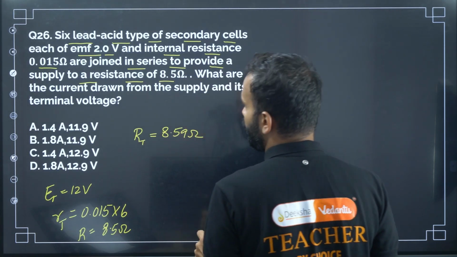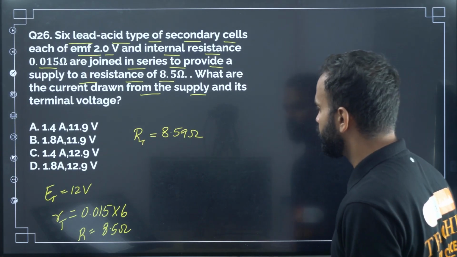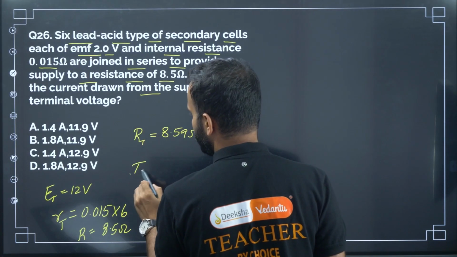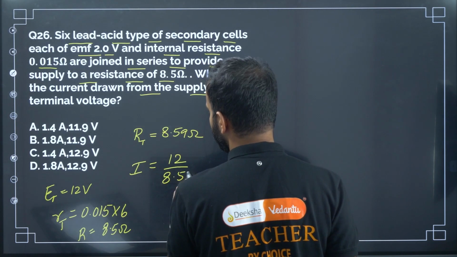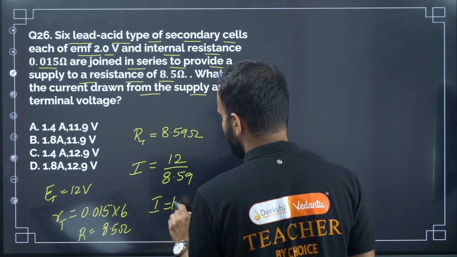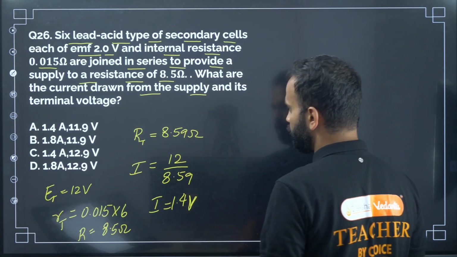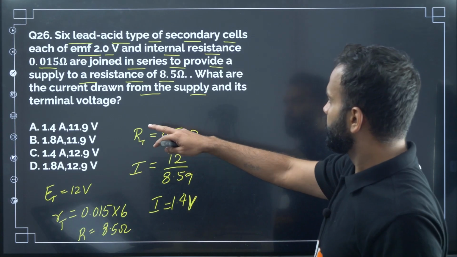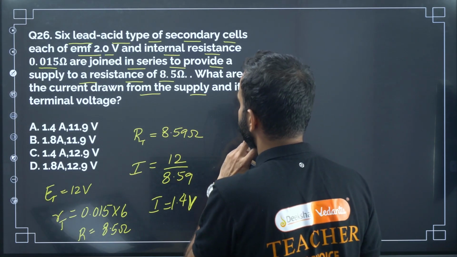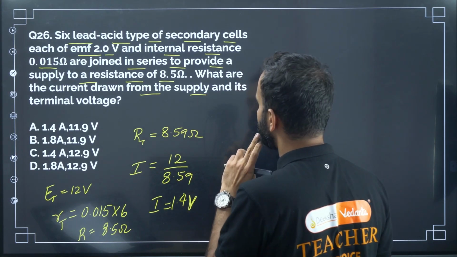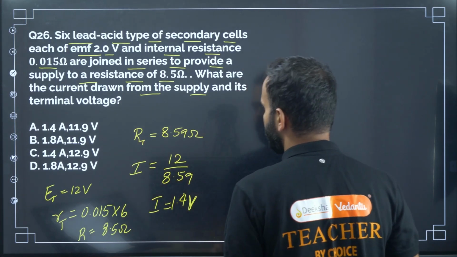What are the current drawn from the supply and its terminal voltage? Current drawn from the supply, I equal to total voltage, that is 12 divided by 8.59. So solve this, you will get 1.4. Now what is the terminal voltage? Terminal voltage we need to find across the supply.